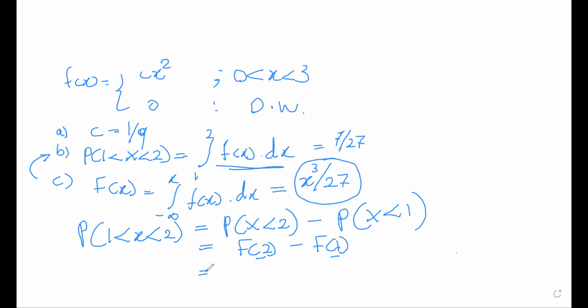So it is 2 to the power 3 over 27 minus 1 to the power 3 over 27, so it is 7/27. Okay. So we can use the distribution function also to calculate these probability values.